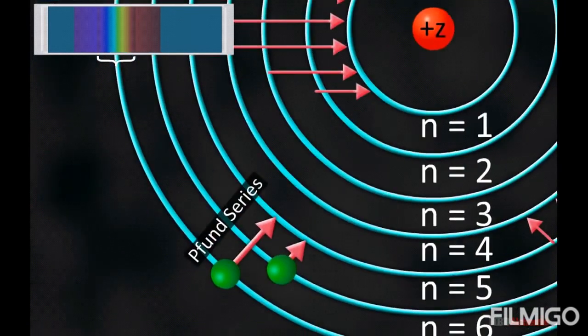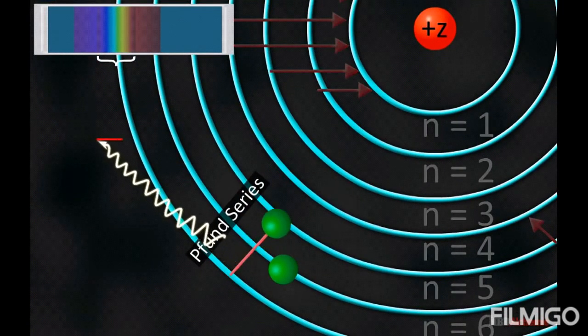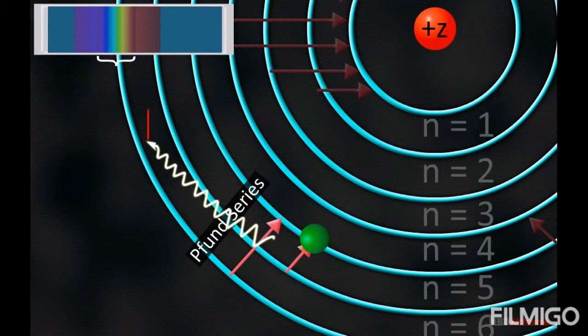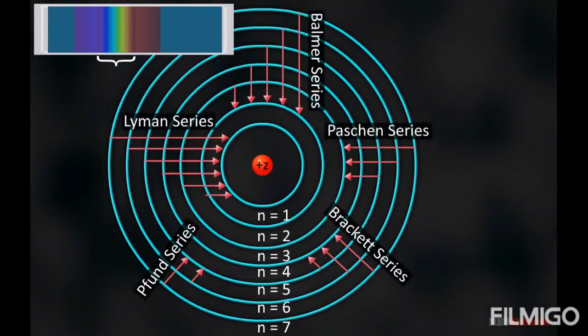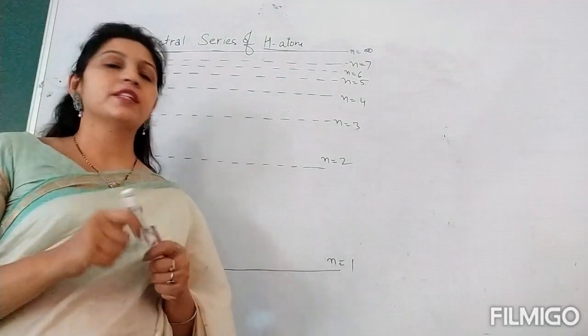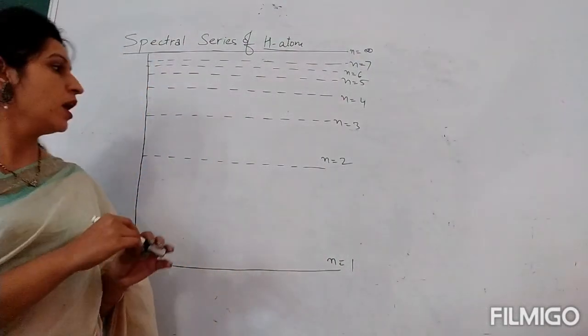The fifth series is Pfund series. Electron jumps to the fifth orbit from any higher orbit and light obtained is in IR region. So this is your complete spectral series for hydrogen atom. Hope that spectral series is clear to you.